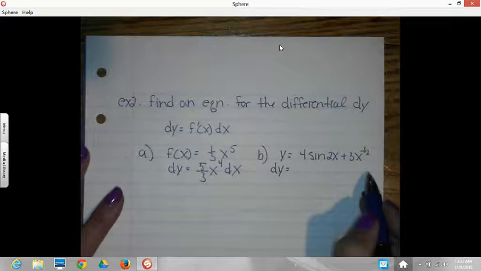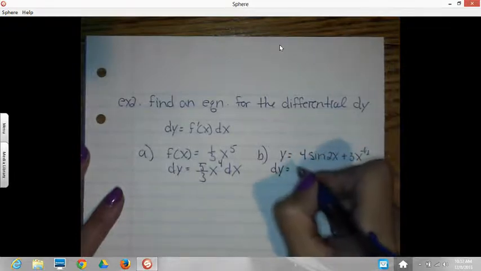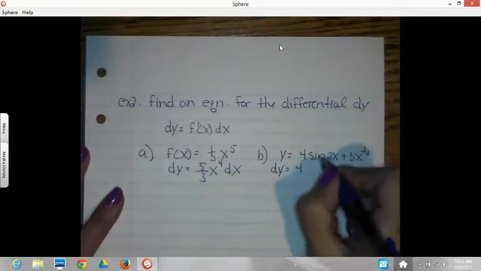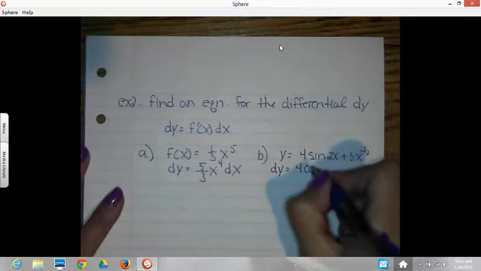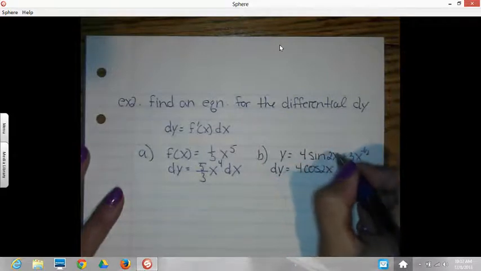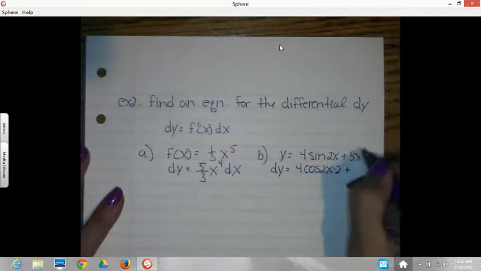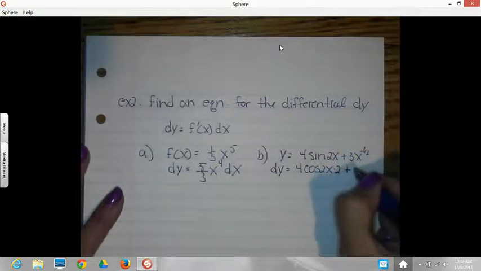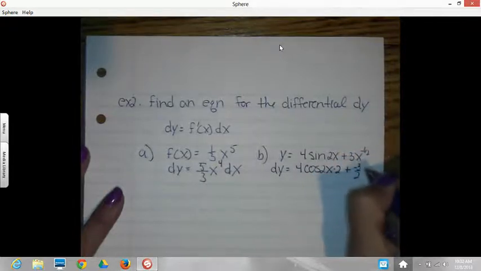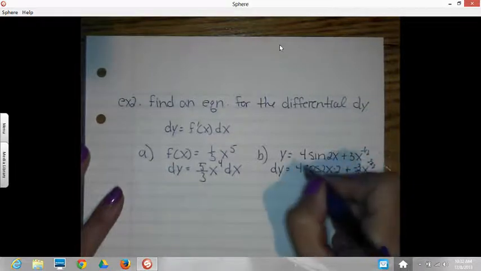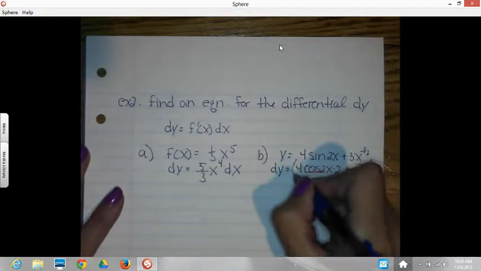Okay, so 4 is a multiplier. Derivative of sine is cosine times by the derivative of the angle plus the next derivative. The 1/2 comes down as a multiplier, so that'll be a negative 3/2. X subtract 1, I'm going to get negative 3/2. That, because there's 2 terms here, I definitely want to have parentheses with the dx.